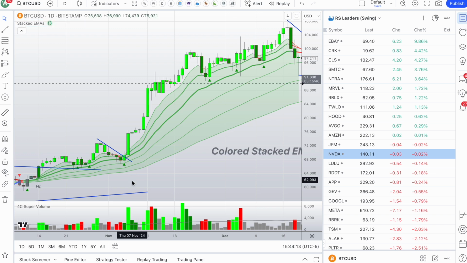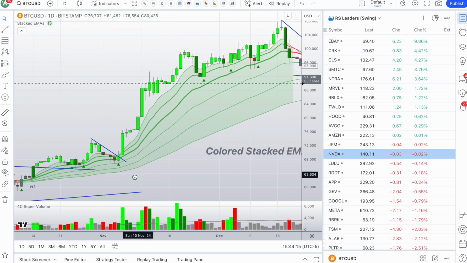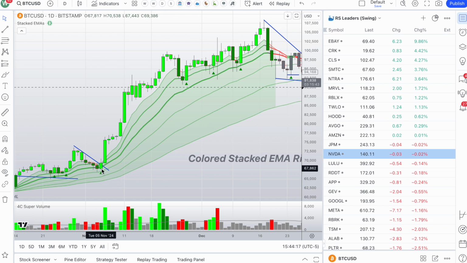What I really like is that sometimes you'll get the EMAs all turning back to green before you really break out. So you can see back here, it took 2 signals to go, but the first one didn't really fail too badly. It kind of depends on where you have your stop there, if you would get knocked out or not.